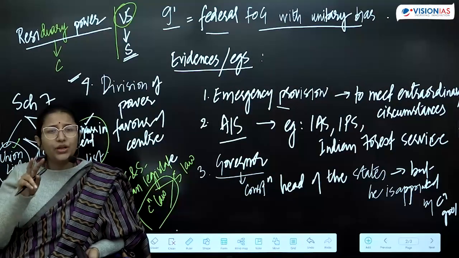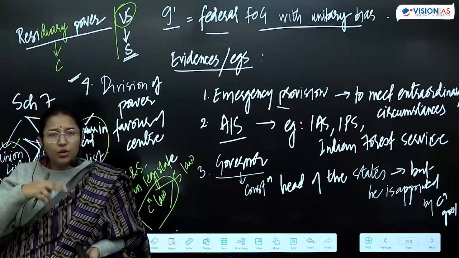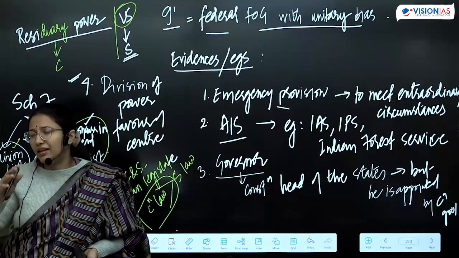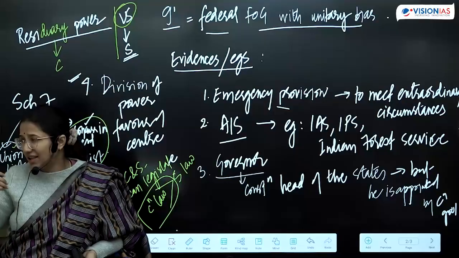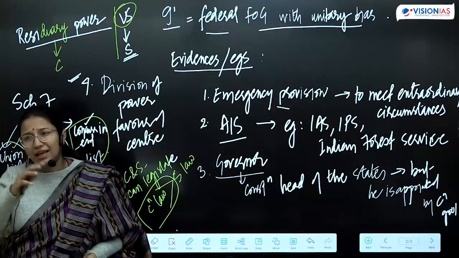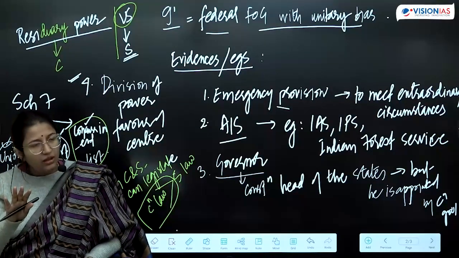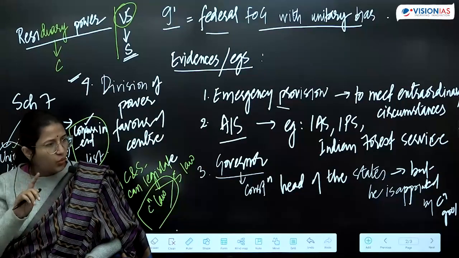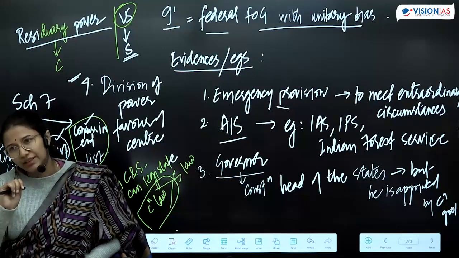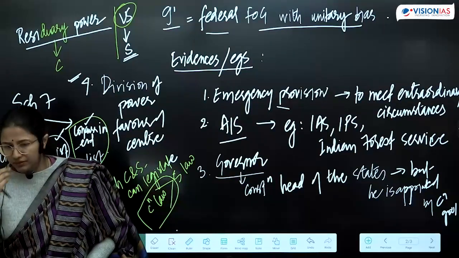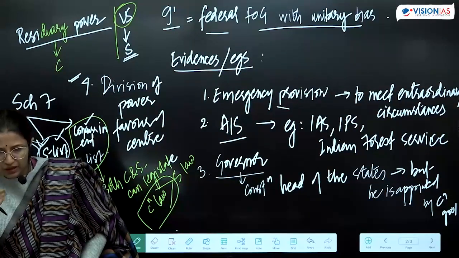So we had twin objective while accommodating and respecting, giving due right of self-representation, self-determination to the diverse population, to accommodate diversity while ensuring unity and territorial integrity of India. Write down first reason.